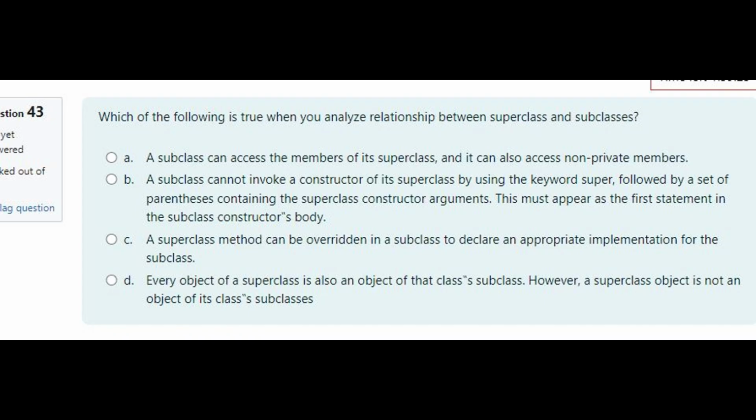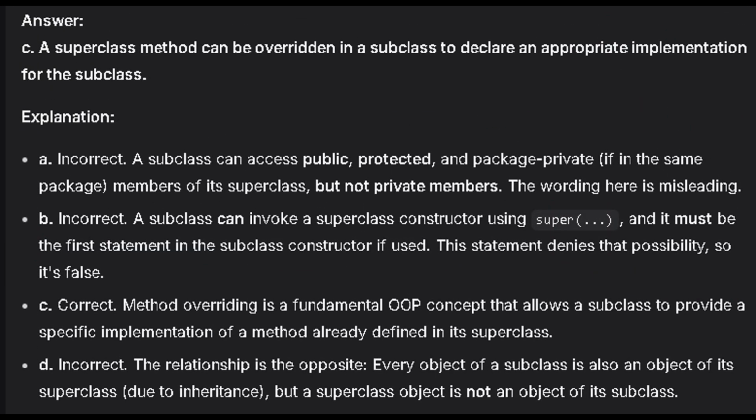This must appear as the first statement in the subclass constructor's body. C. A superclass method can be overridden in a subclass to declare an appropriate implementation for the subclass. D. Every object of a superclass is also an object of that class's subclasses. However, a superclass object is not an object of its class's subclasses. Answer: C.